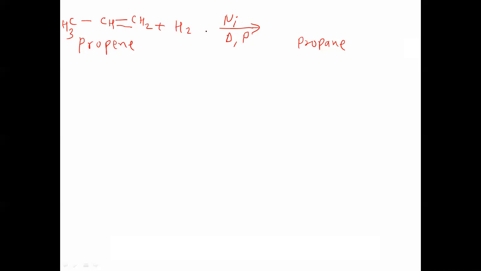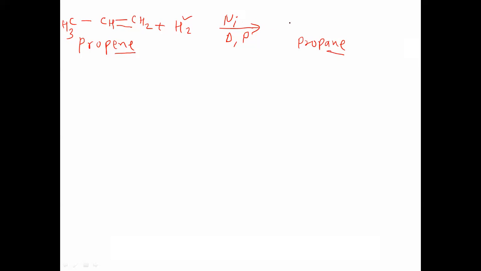So if you observe the structure of the reactant, ene is converted into ane. Okay. So in the actual reaction, what is happening is this hydrogen molecule gets added over the double bond. So here we will get two hydrogen atoms added by utilizing one of the pi bonds.